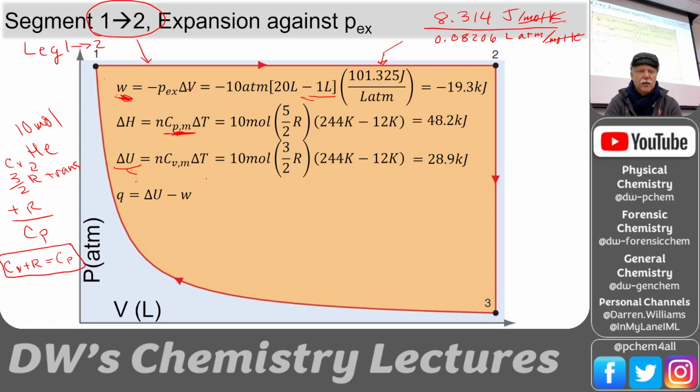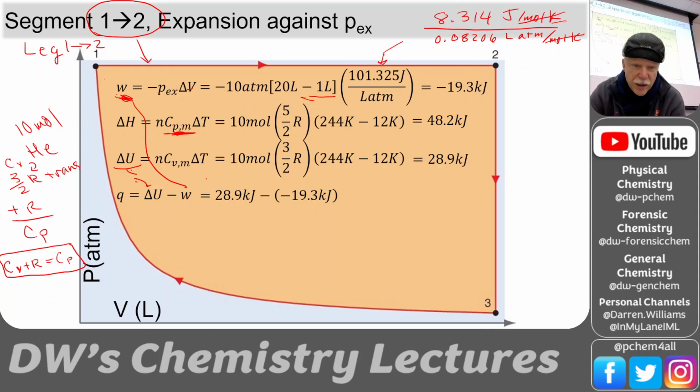So delta U goes here, and the work from up here comes down, and then we can find the heat. So 28.9 kilojoules internal energy change minus the work that was done, and the work was negative, so again, it's another opportunity for you to mess up by dropping the negative.